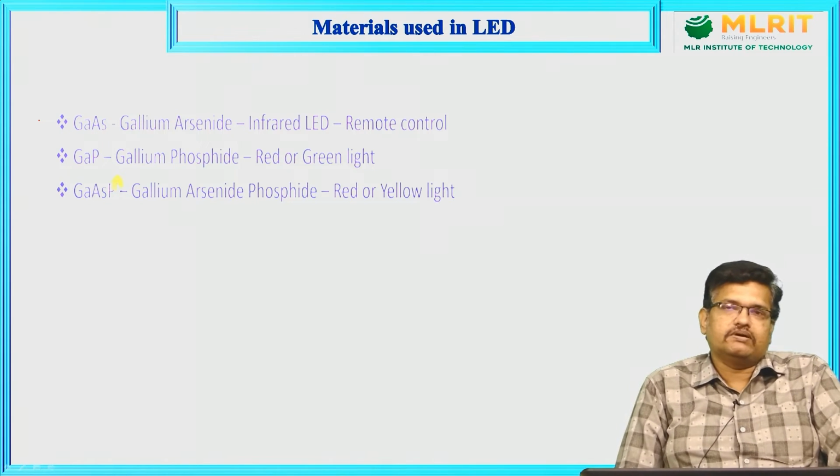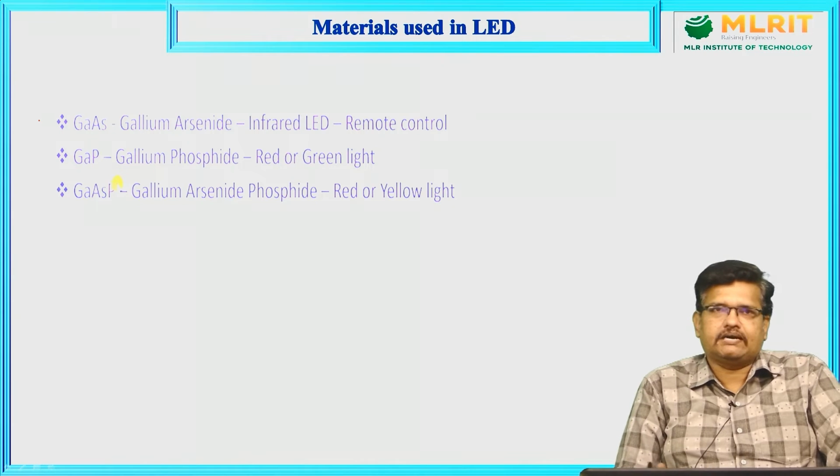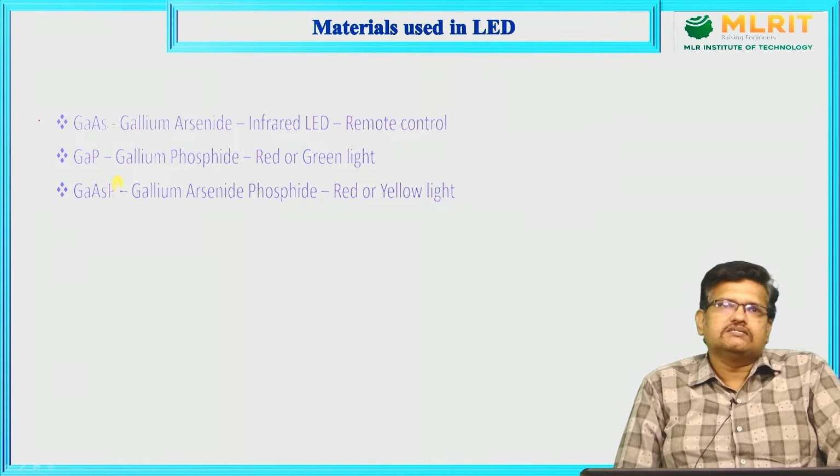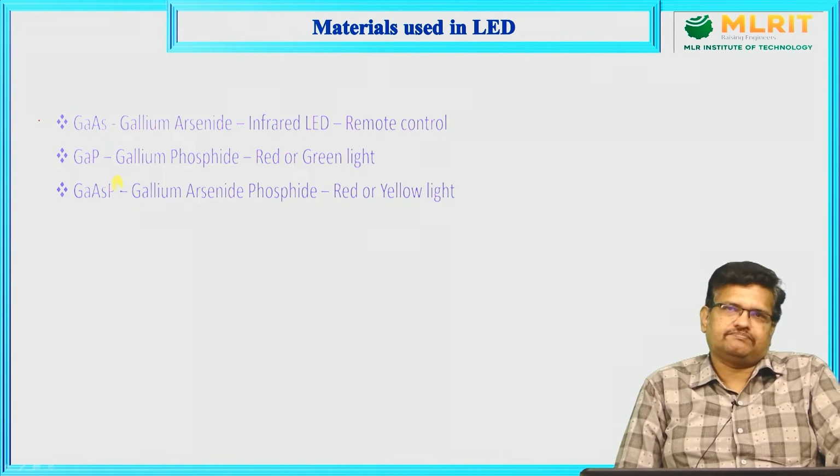And next, if you see the LED in real-time applications, it has different colors: white, red, green, blue, etc. These are all formed depending upon the material. If we choose gallium phosphide, we can obtain either red or green color light.